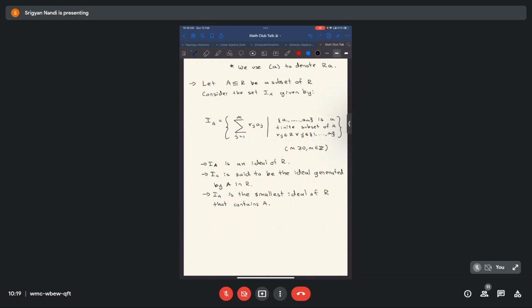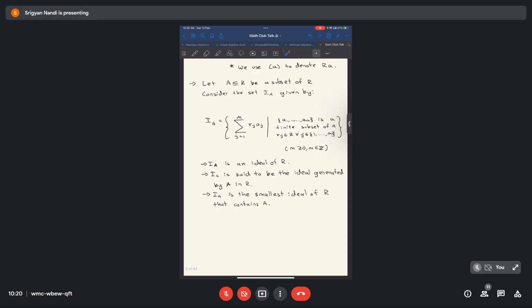Now these principal ideals have a separate notation. When we talk about a principal ideal generated by a certain element a, we put a in round brackets to denote that it is the principal ideal generated by a. This is very similar to the basis notation for vector spaces, where if you have a list of vectors that forms the basis of a vector space, then you put the basis elements in round brackets to express that it is the basis of that vector space, and the basis generates the vector space.